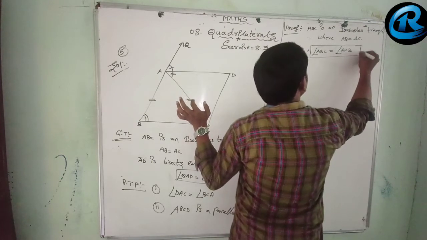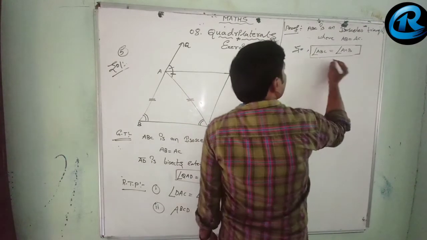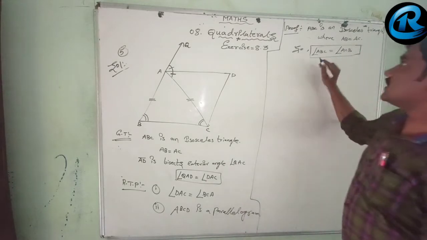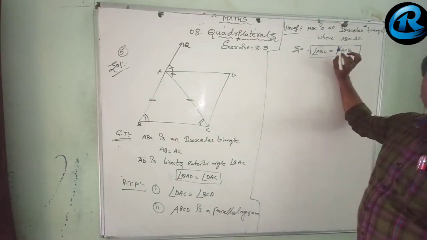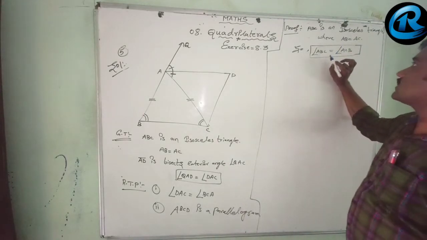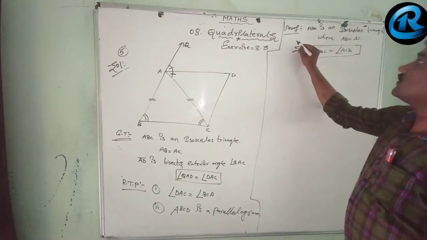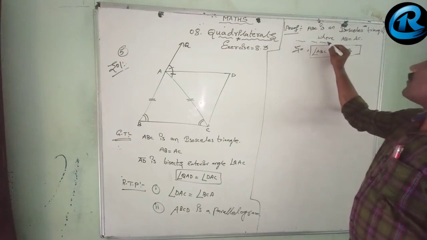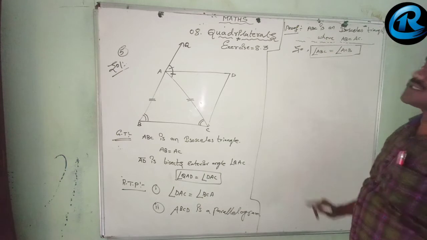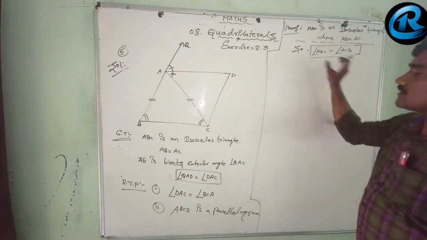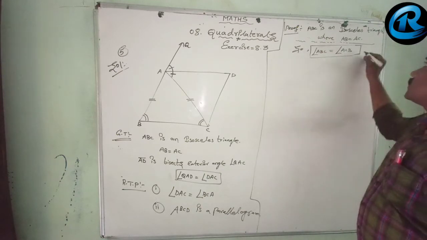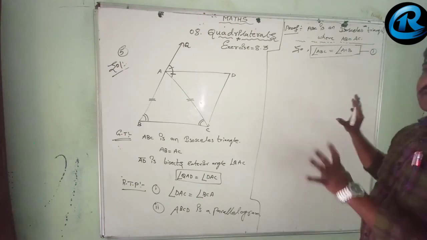Why can we write this? The angles which are opposite to the equal sides are equal. You just write that statement. So we get this as equation number 1 and keep it aside.